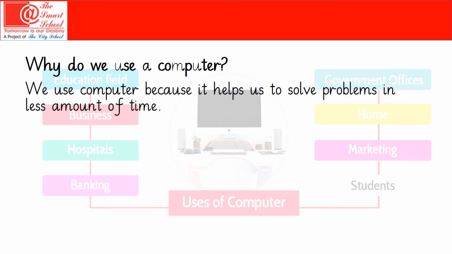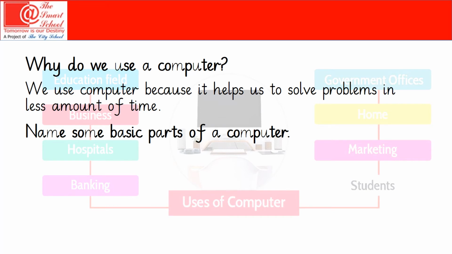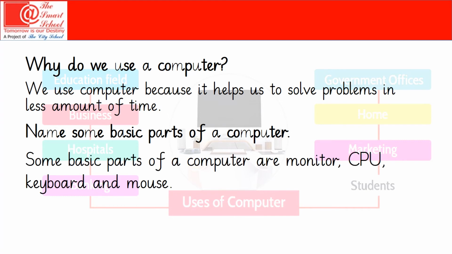Yes, you're right. We use computers because it helps us to solve problems in less amount of time. Now, can you name some basic parts of a computer? Yes, you have already read it and you know these parts very well. Some basic parts of the computer are monitor, CPU, keyboard, and mouse.